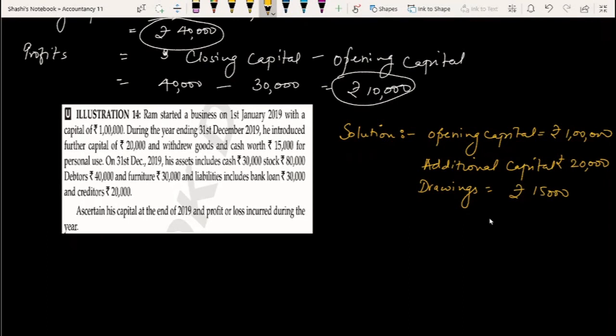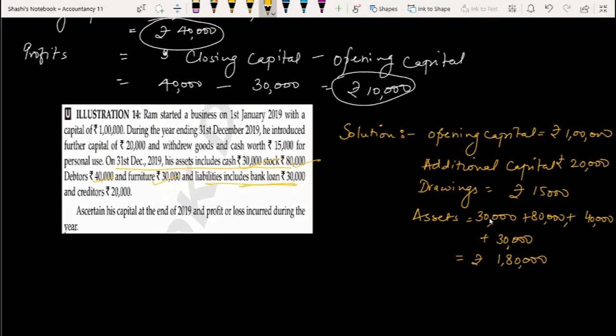The 31st December assets include cash 30,000, stock 80,000, debtors and furniture. So we add 30,000 plus 80,000 plus 40,000 plus 30,000, and the total assets come to 1,80,000.